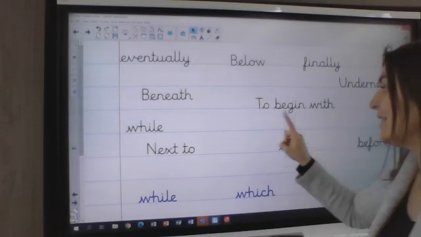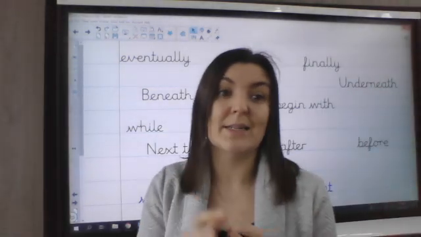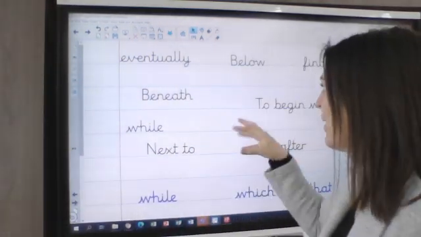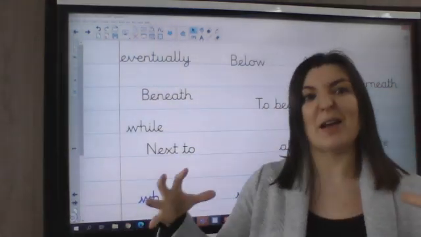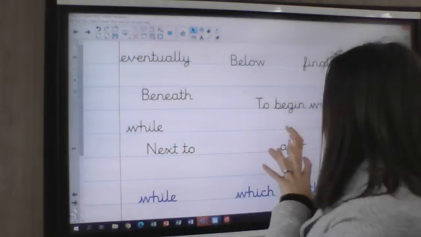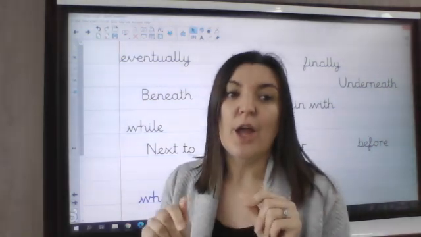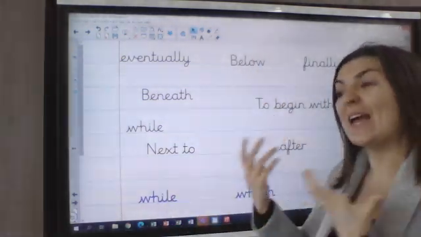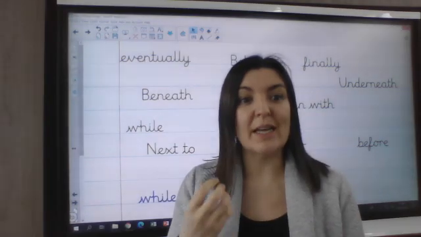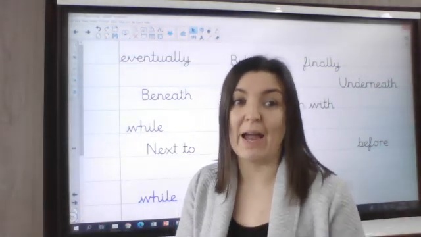So what I've done is I've put some words to help you start your sentences off. So you've got lots of prepositions, because you're talking about a volcano, so it might be things like underneath the ground or below or next to, all those kinds of things. You might have words like I had, so eventually or to begin with or finally, all those kind of words to structure your writing.